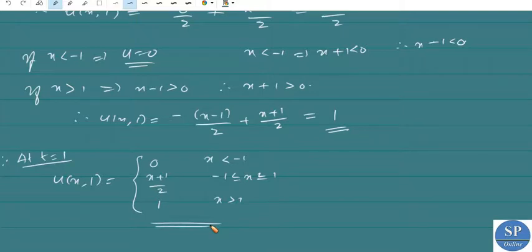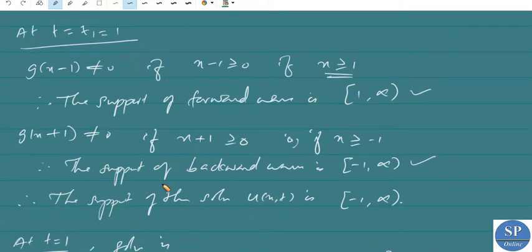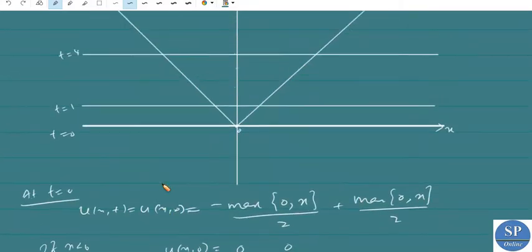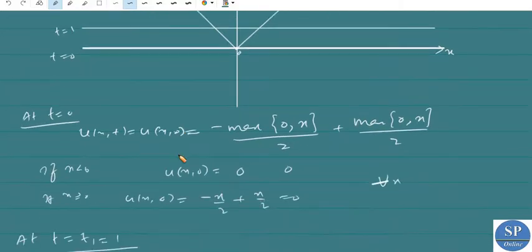Okay, so this will be our solution at t equal to 1. If you are trying to plot this curve, we can write like this. Here at t equal to 1, now we are taking this as the axis. So this is 0, the value of u is 0, on this line.